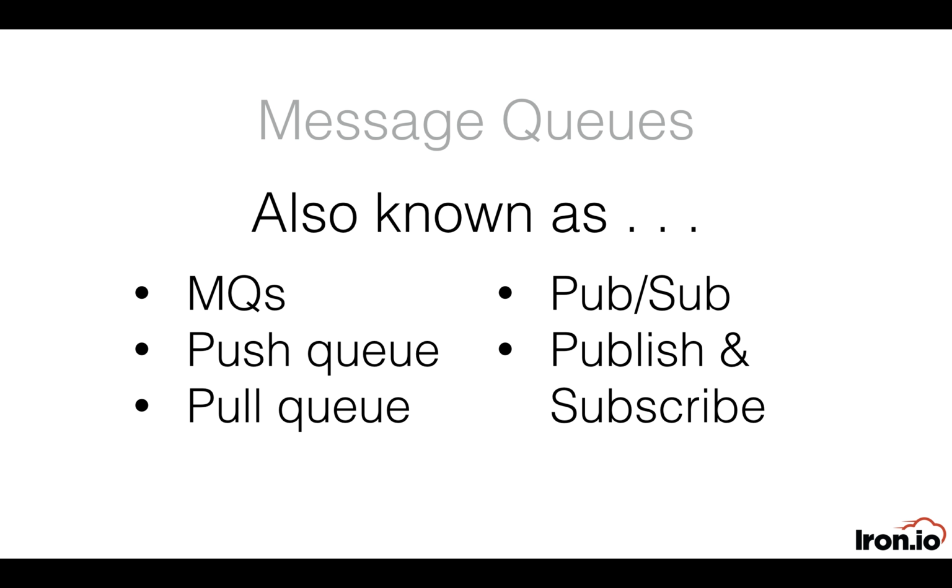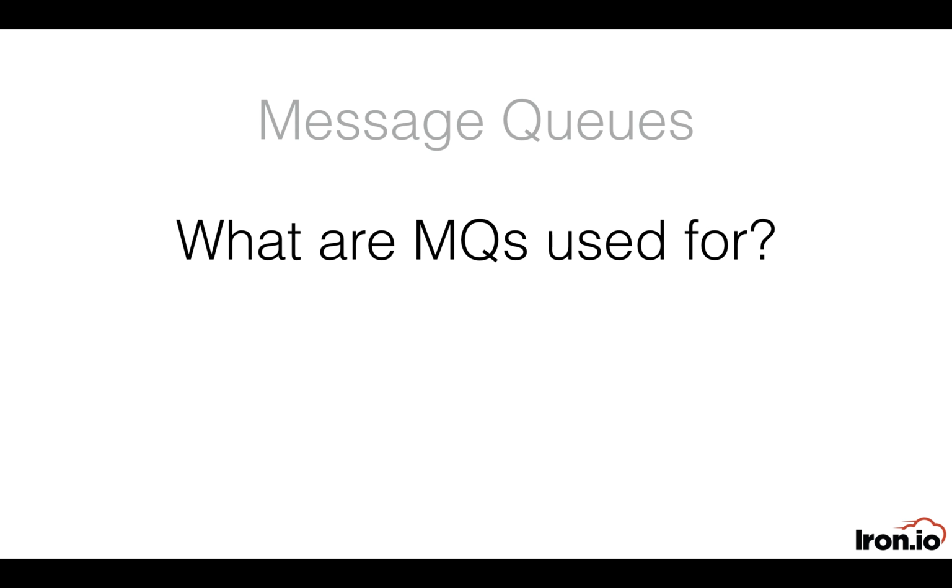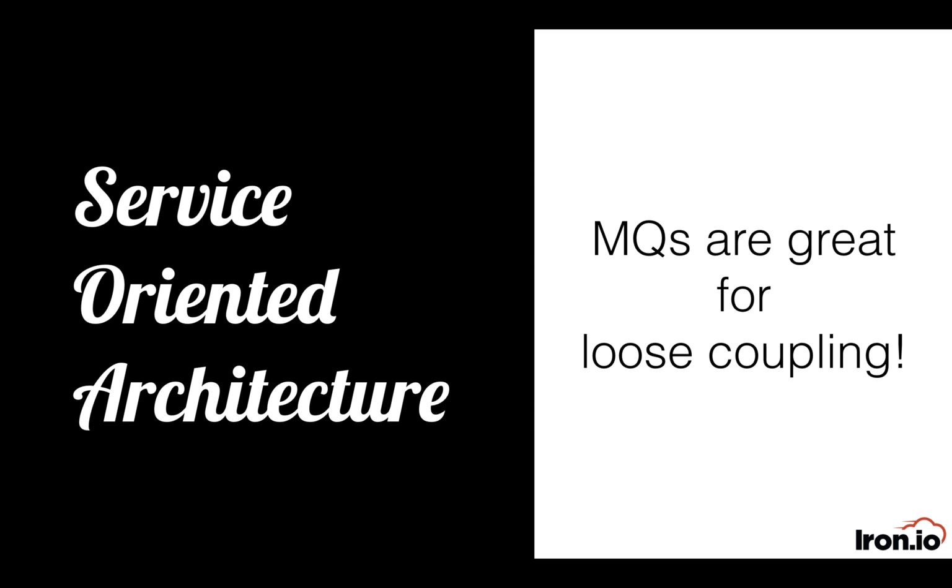All these roughly mean the same thing, and essentially what it is, is a way to pass information around in a language agnostic way that is fast, high throughput, and gives you some security. So let's talk about where these appear in day-to-day usage today.